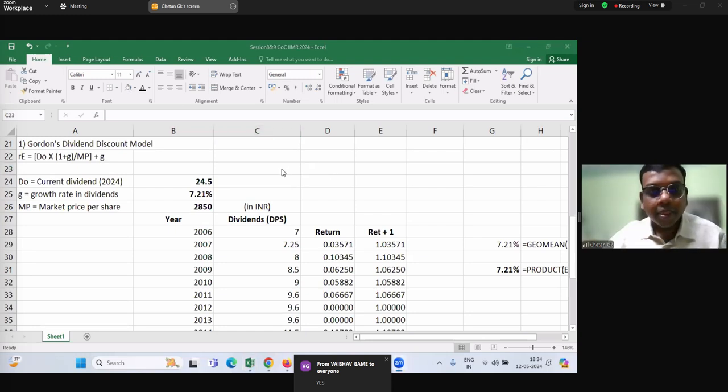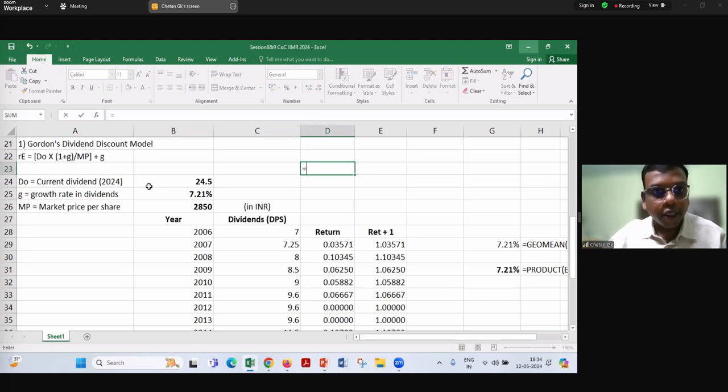Okay, so now compute RE, which is equal to D naught multiplied by 1 plus growth rate in dividends, divided by MP, close the brackets, plus growth rate.